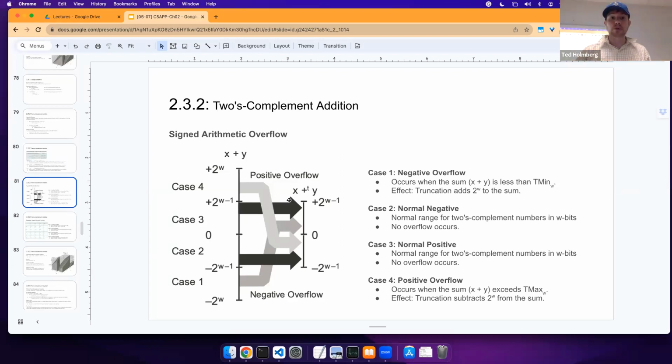You can see my threshold here is in my encodable space, and this is the set of results I can have.